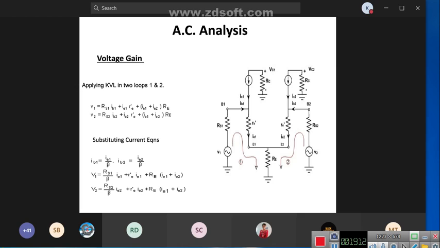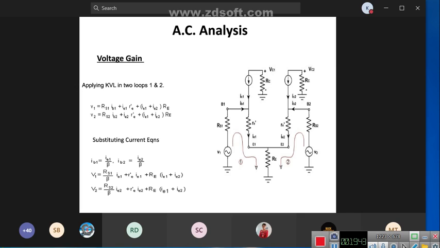So V1 equal to RS1 into IB1, because IB1 flows through RS1, plus this voltage drop, IE1 into RE dash, because IE1 flows through RE dash, plus the voltage across RE.